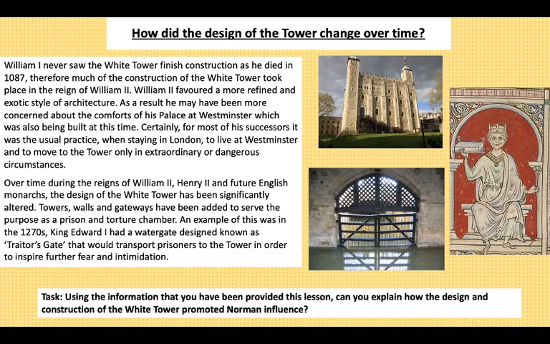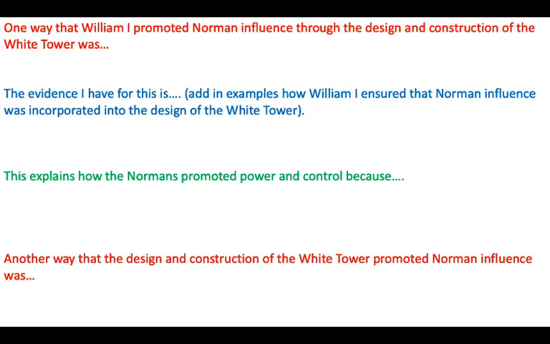So what I'd like you to do, your final task for this lesson, is to use the information that you've been provided with, and I would like you to explain how the design and the construction of the White Tower promoted Norman influence. So here is your writing structure that I would like you to follow, please.